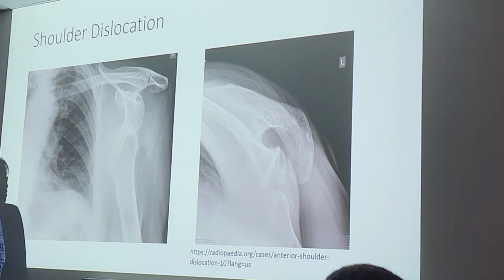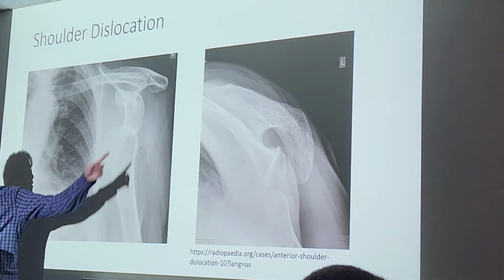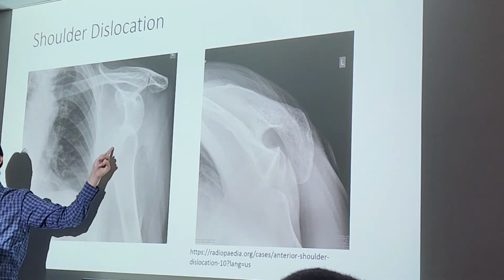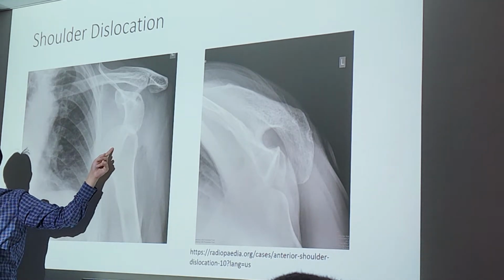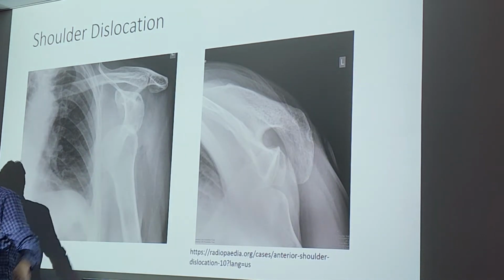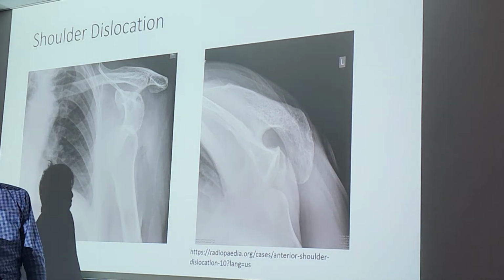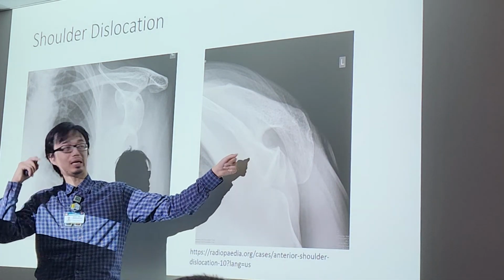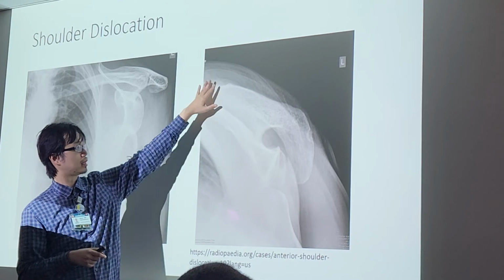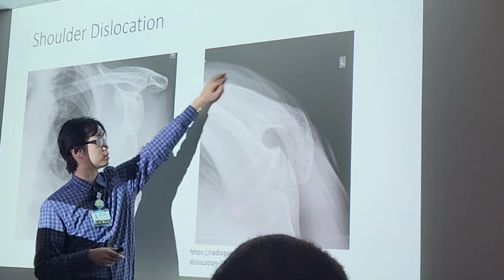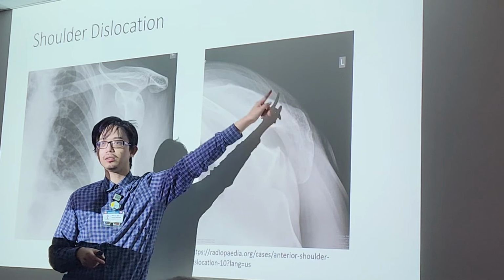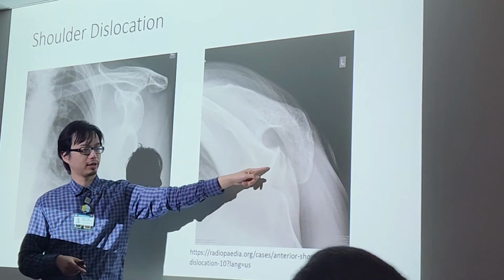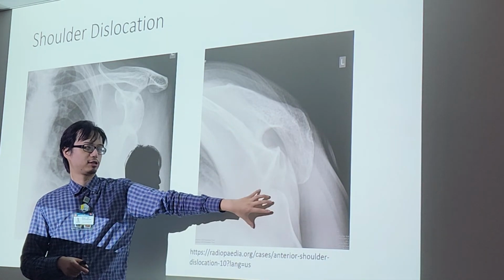All right, a few more shoulder dislocations for your viewing pleasure. Glenoid and humerus, not connected. Over here, this is a view kind of like from top down. So here's our scapula, here's the spine, here's our acromion, here's our glenoid, here's our humeral head.